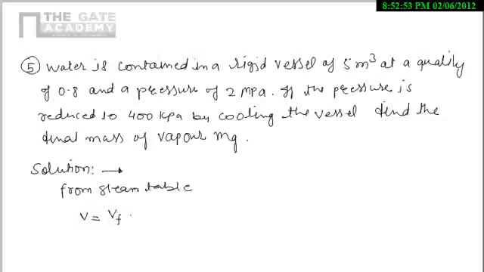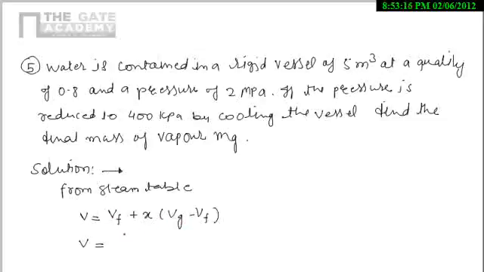This is our formula: Vf plus X into Vg minus Vf, and now we can plug in the values of Vf, Vg, and X. Vf and Vg we can get from the steam table.